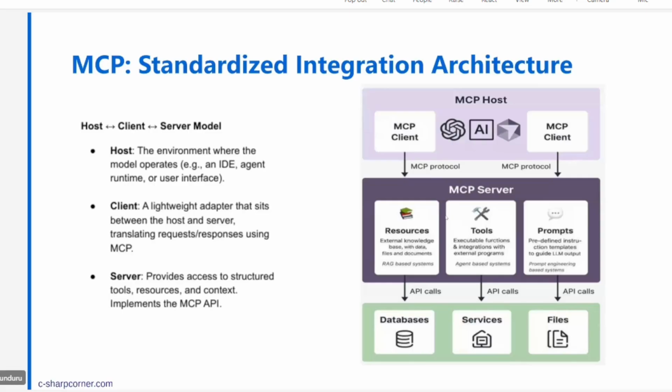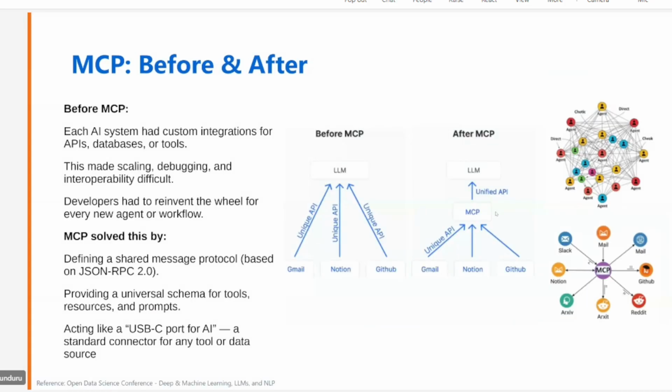So, before and after: standardized integration architecture. Before MCP was introduced, each AI system had custom integrations for the APIs, databases or tools. This made scaling, debugging, and interoperability difficult.